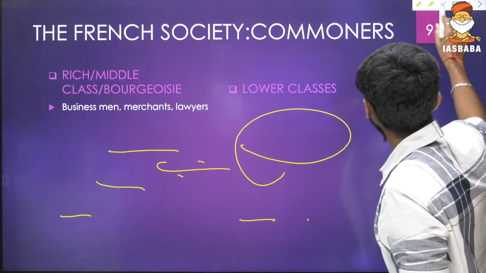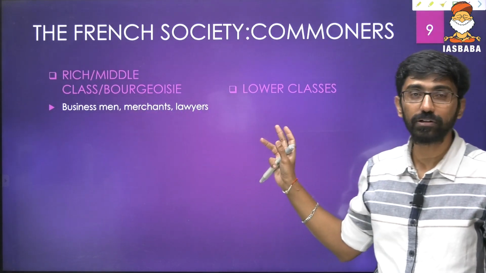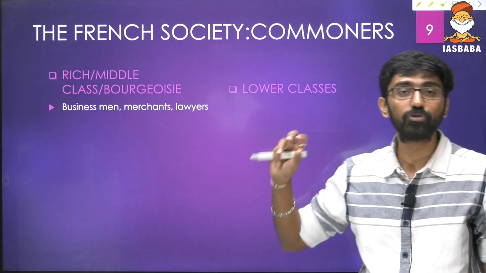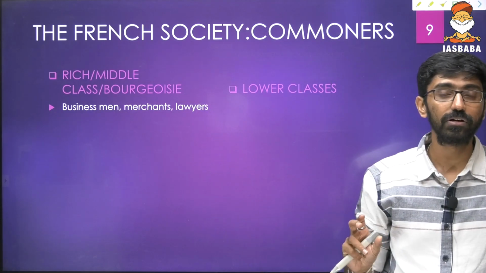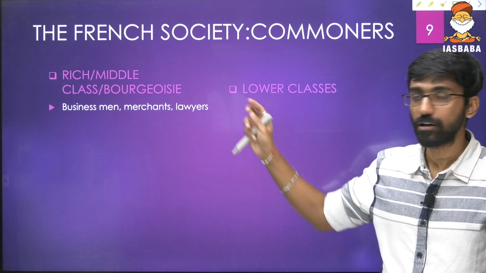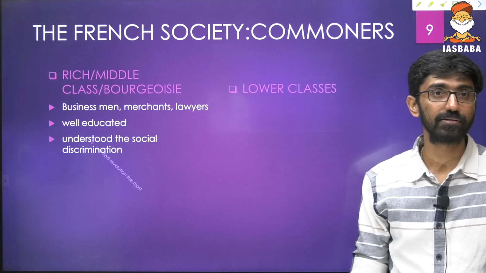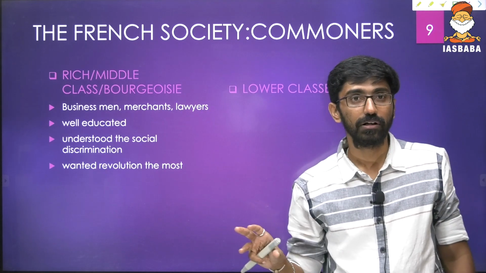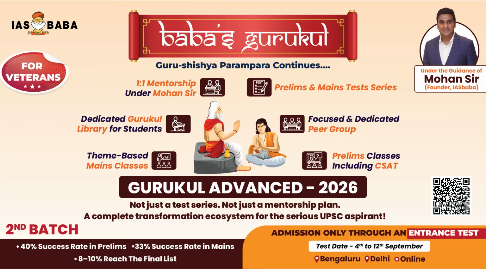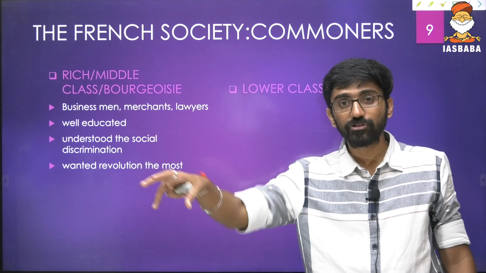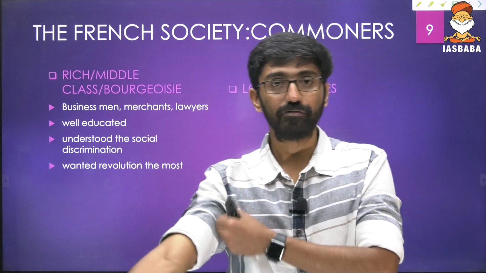And now within the commoners, again two divisions I told you. One is the rich class, the middle class, we can say the bourgeois, that is the pronunciation. And there are the lower classes. And who made up the bourgeois? Businessmen, merchants and lawyers. They are a well educated section who understood the anomaly in the social structure of France.